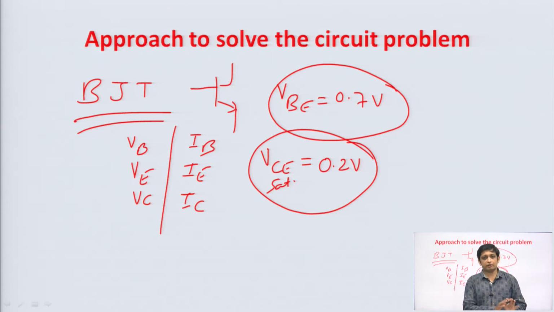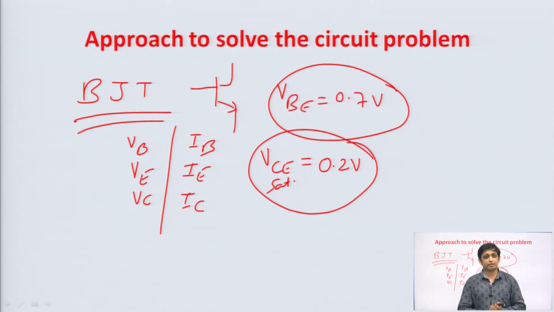But if we are unable to find out, if we are getting confused and if sufficient parameters are not given, then it is better to assume that the BJT is in active region and do all the calculations, calculate different node voltages, branch currents, and after doing all the calculation, just check whether our assumption was right or not.